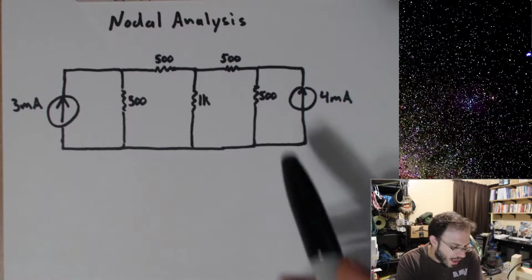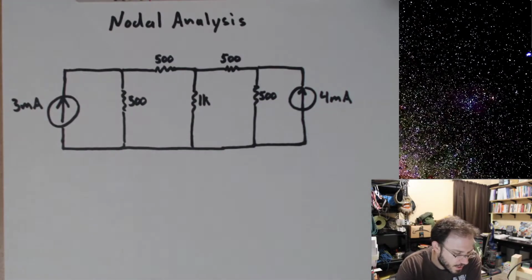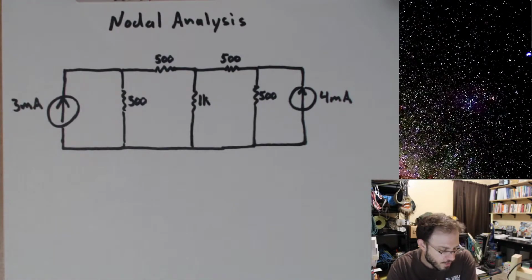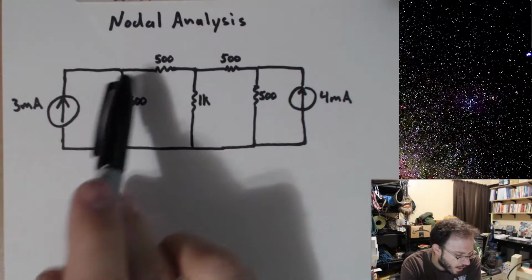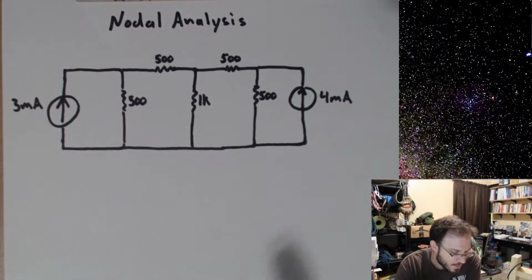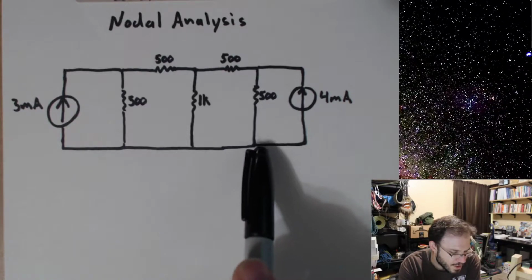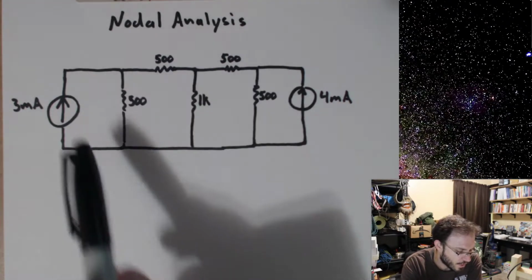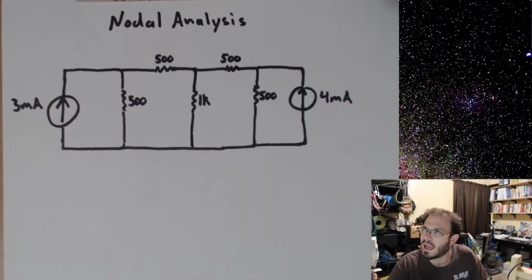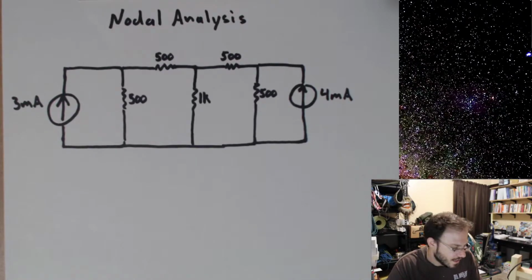I'm starting off with this circuit, which is kind of big for a beginner circuit, but I've done it this way because it does a good job of illustrating for the first time how we apply the nodal analysis technique. So let's start off with steps. Steps are always nice for doing this.